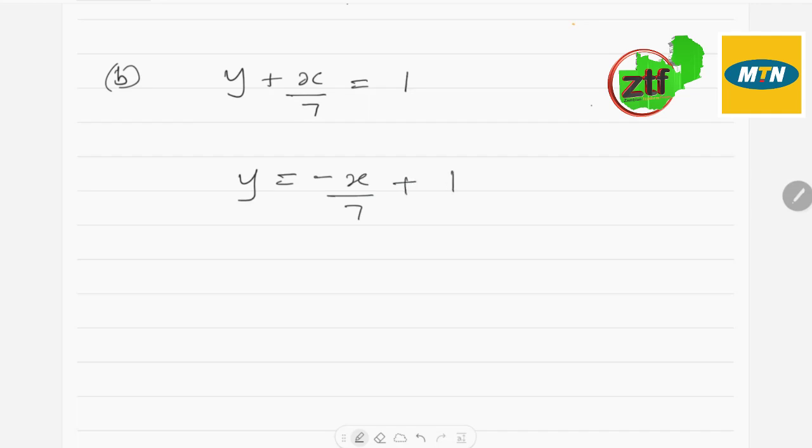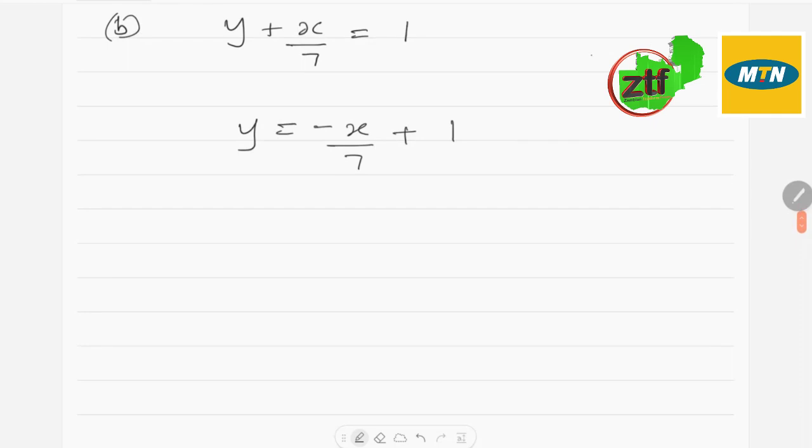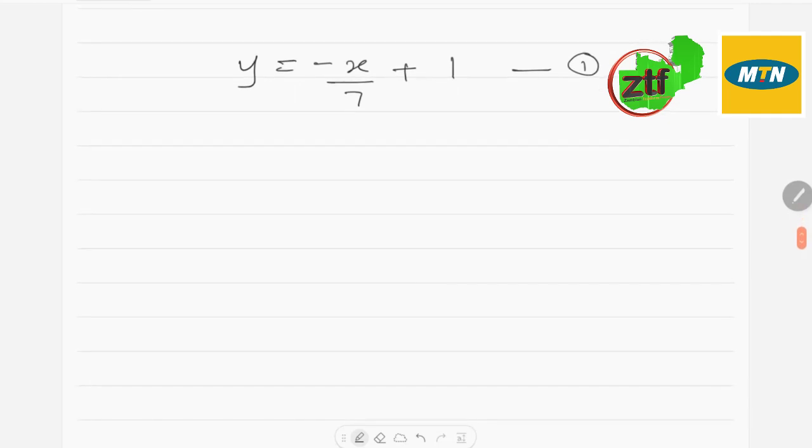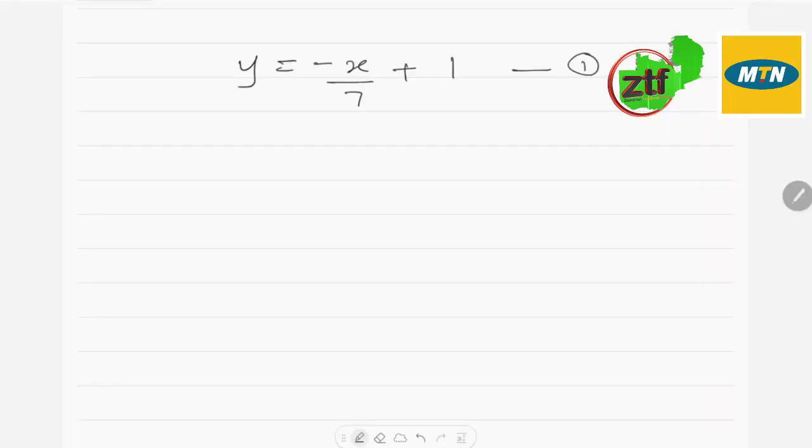Finding the gradient of this function, let me call it equation 1, you can differentiate the function y, or you use the general equation of a straight line, which is y is equal to mx plus c.